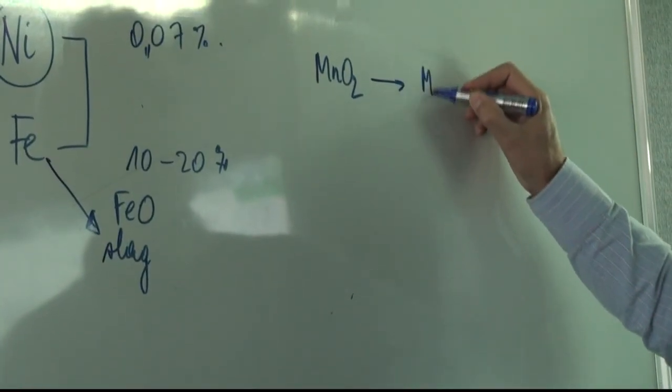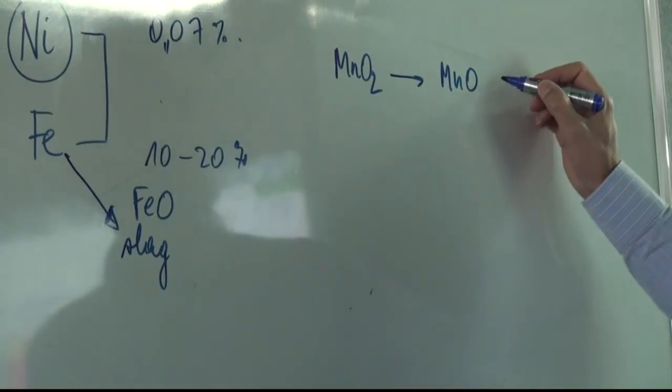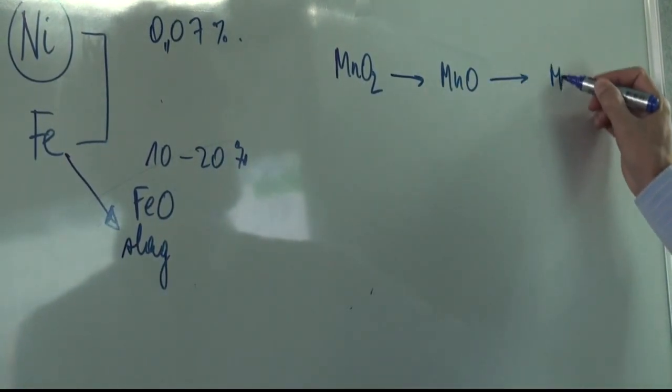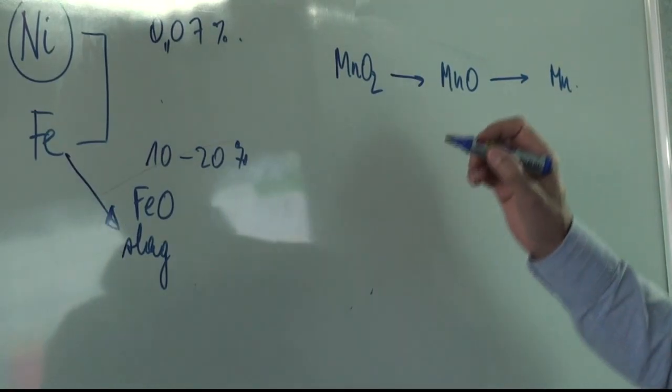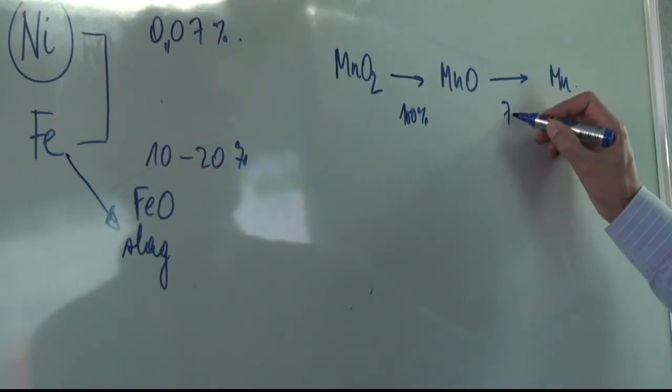It is completely reduced to MnO, and after it is partly reduced to Mn. This is completely meaning 100%, and this is 71%.